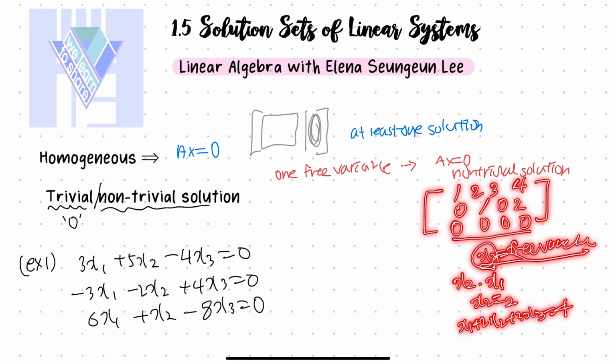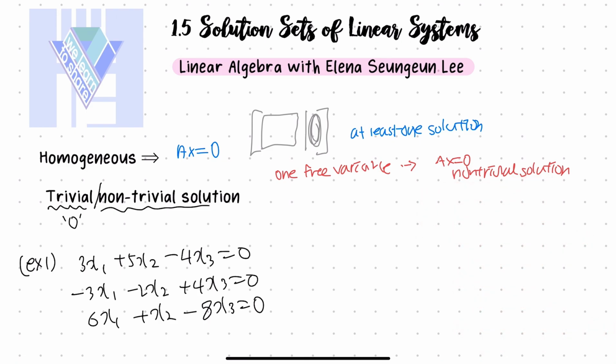You can substitute this value in and move everything to the other side, so x1 equals 4 minus 2x2 minus 3x3. That means you can write x1, the basic variable, in terms of x3 and other free variables. So remember that the homogeneous equation Ax equals 0 has a non-trivial solution if and only if there is at least one free variable, because with these free variables you can substitute any values to make the solution non-zero.